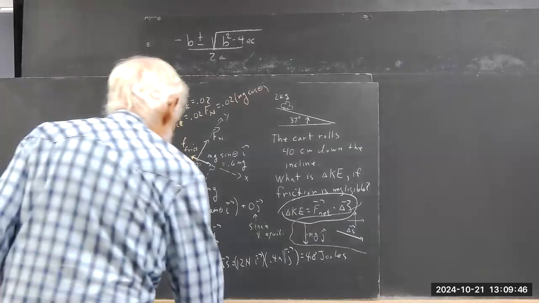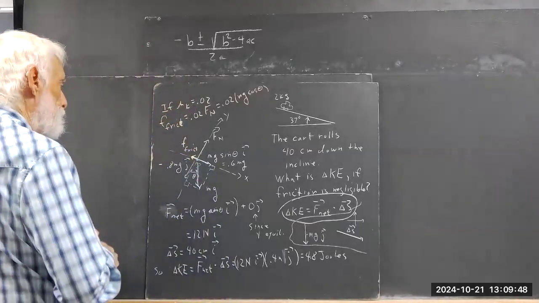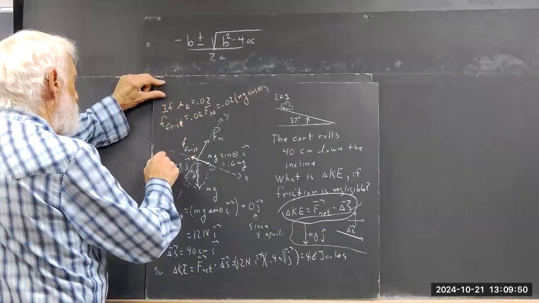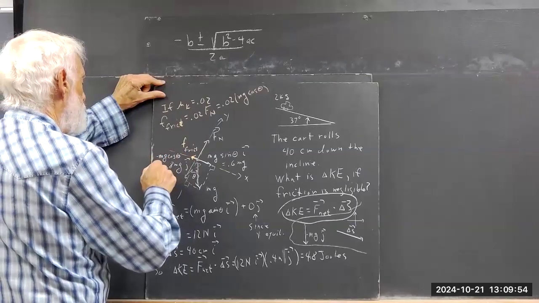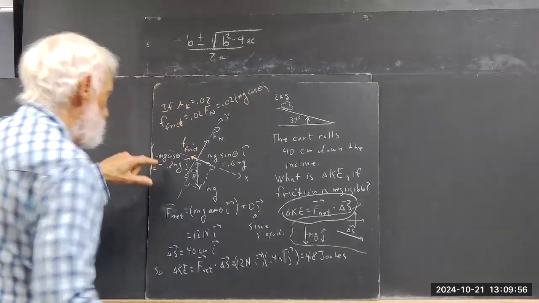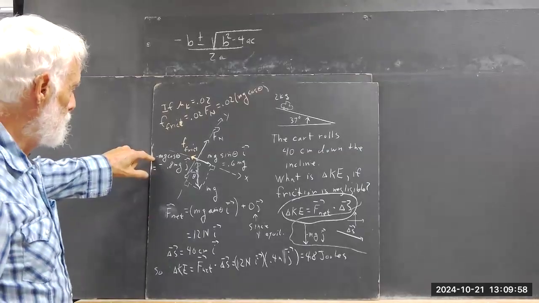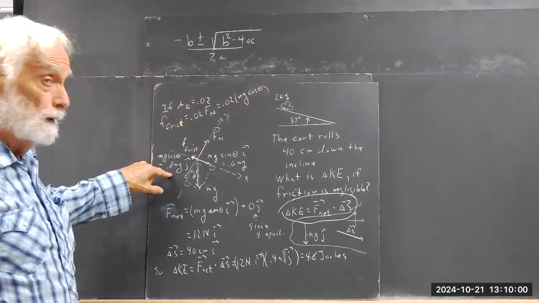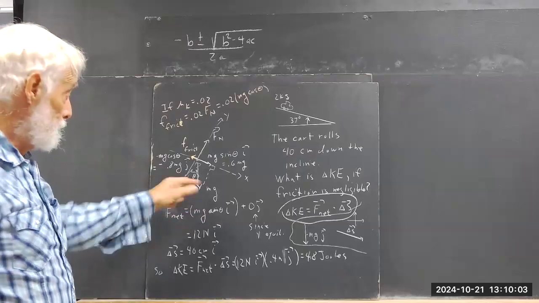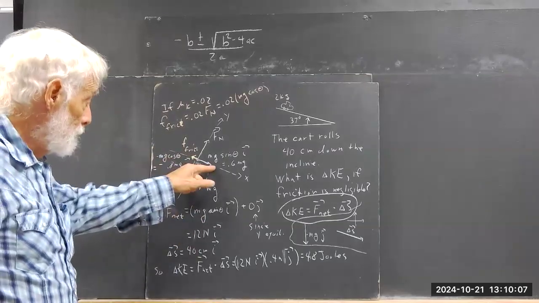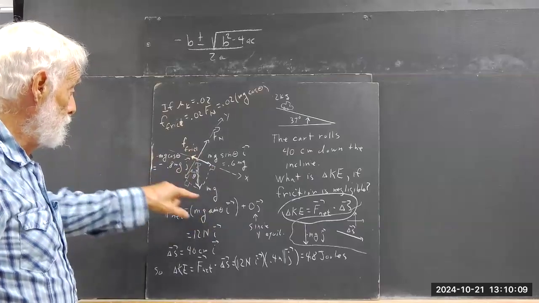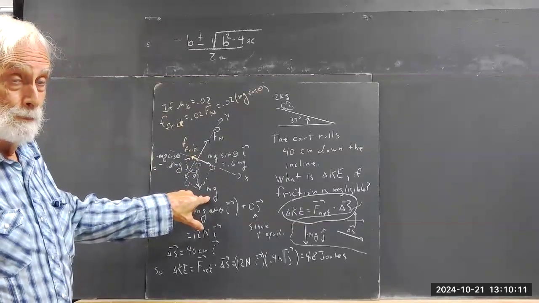And I never did write that as negative mg cosine theta, but that's where the point A came from, right? You got this triangle. Here's your theta. Here's mg sine theta. Here's mg cosine theta because this is mg.